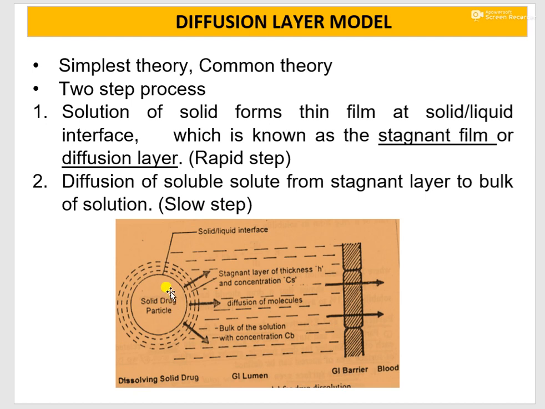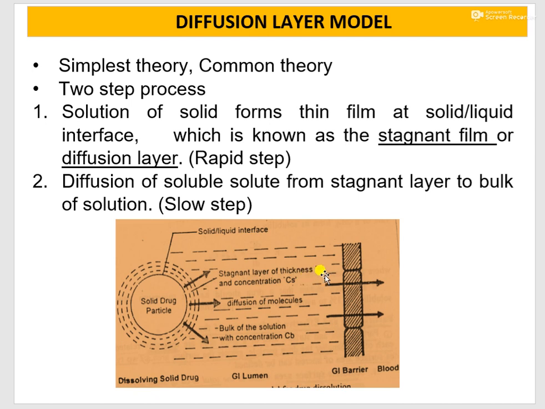This is the solid drug particle, and this layer is the formation of the stagnant layer at the solid liquid interface, and once this stagnant layer is formed, the drug will diffuse from this stagnant film or layer to the bulk of the solution.